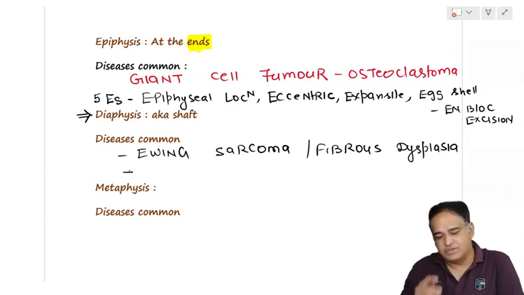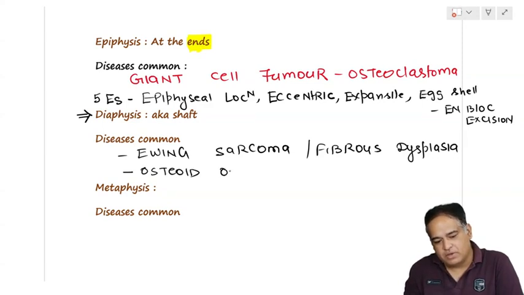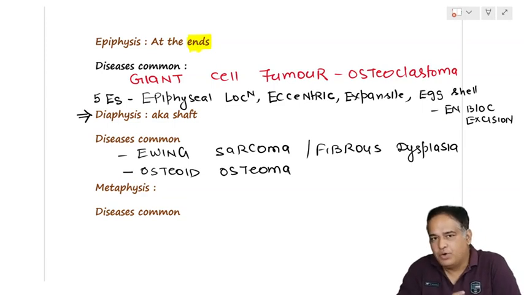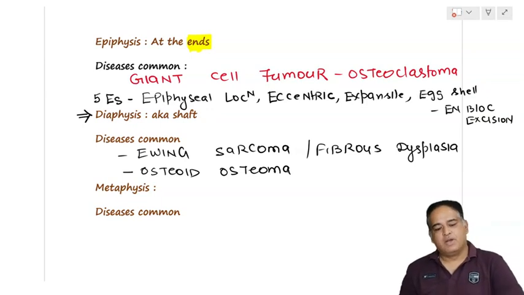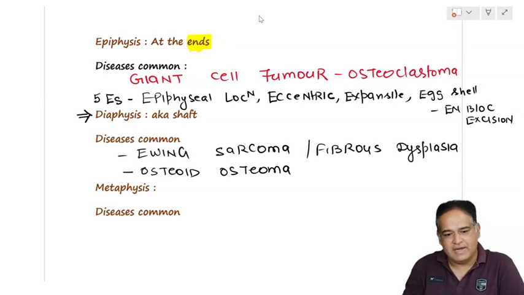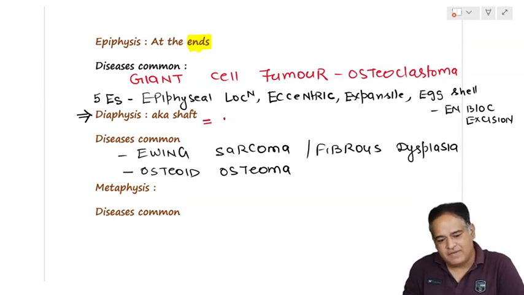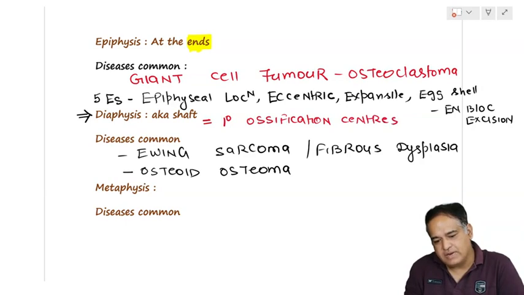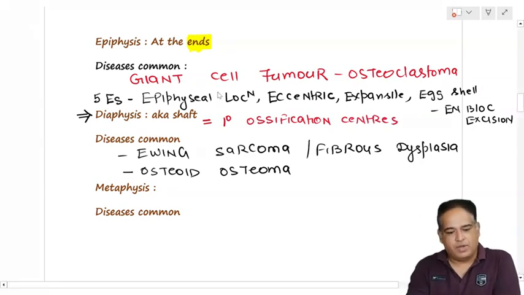The word is true. Is osteoid osteoma. The most common true benign bone tumor also lies at diaphysis. Secondly, diaphysis has the primary ossification center. Okay?